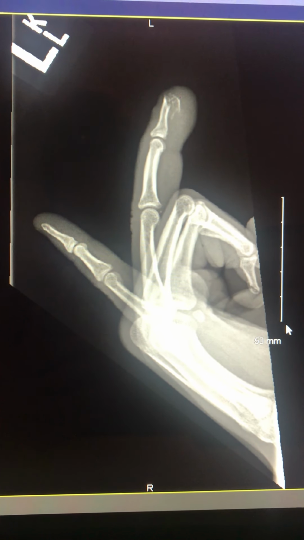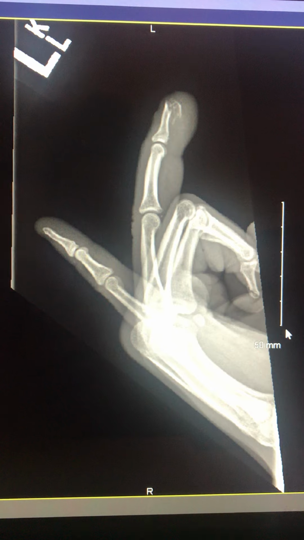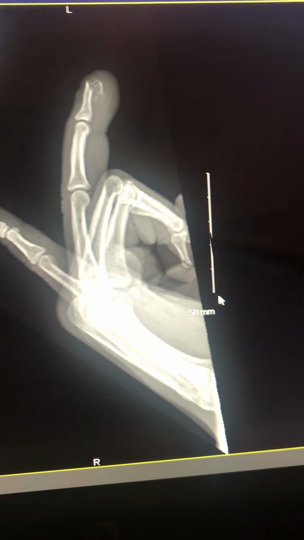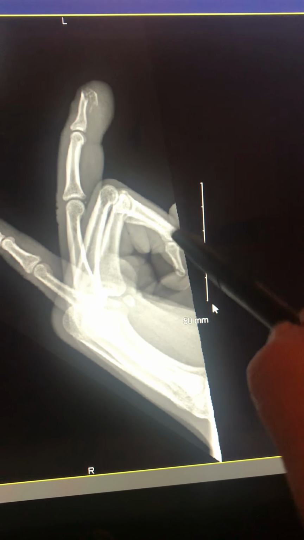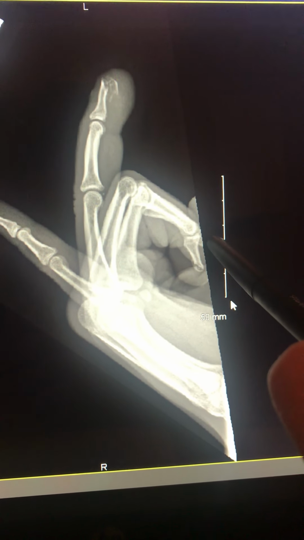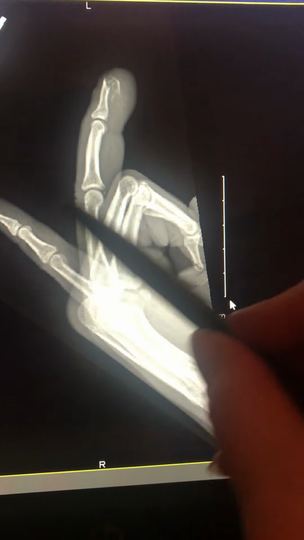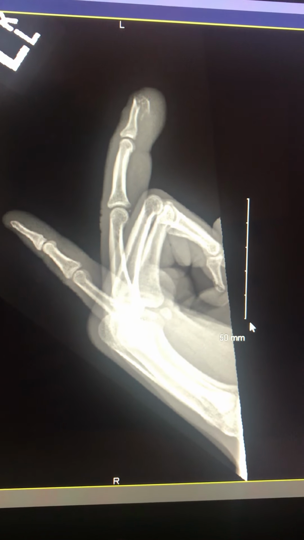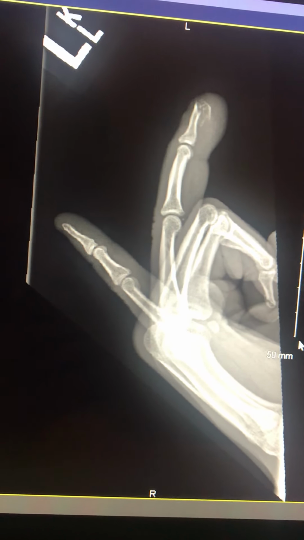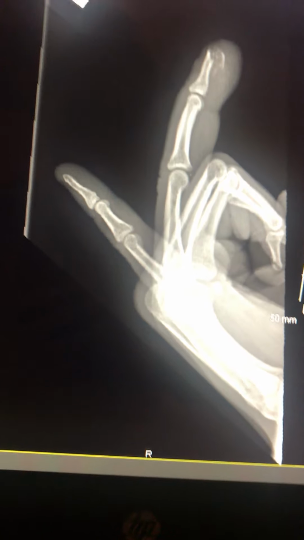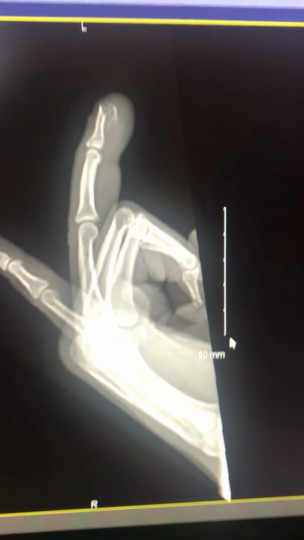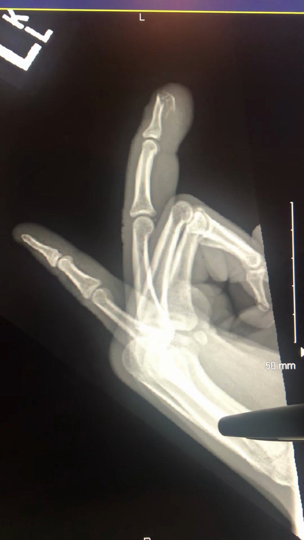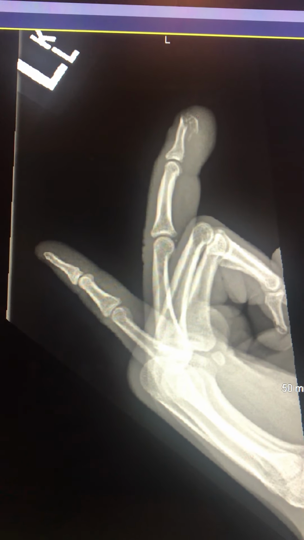Digits 2 and 3 were pulled out of the way by the first digit, and then the 5th digit was extended out to visualize the 4th digit in a true lateral. The metacarpals are superimposed, so it is a good lateral.